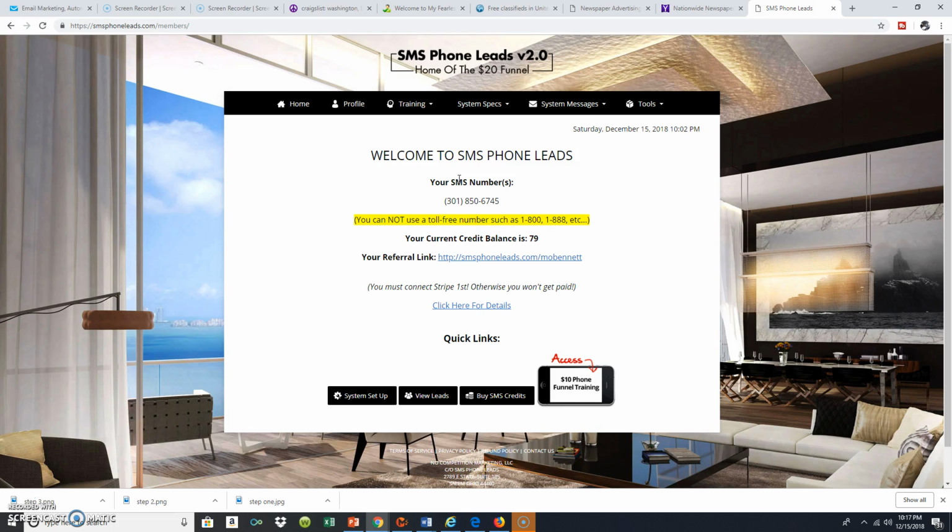Let me add that that's just one strategy, and just one phone number. You can purchase additional numbers anytime you want for an additional $5 one time. You could actually have multiple phone numbers running in multiple newspapers at any given time.